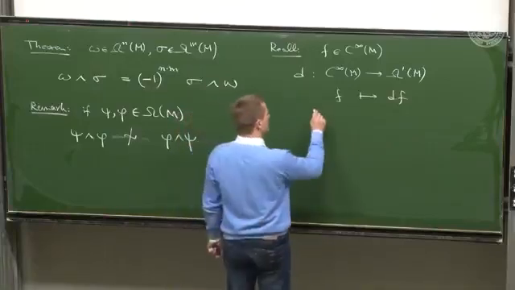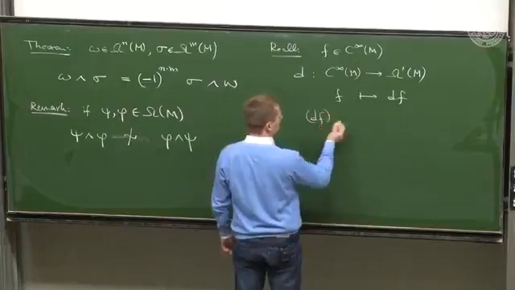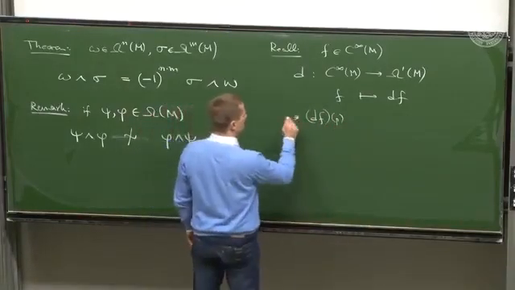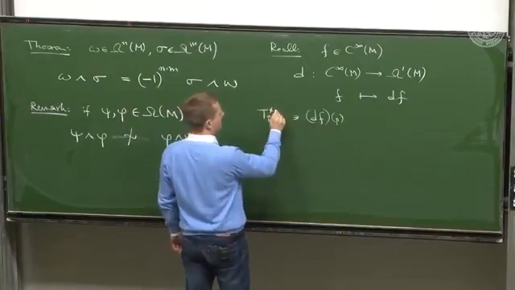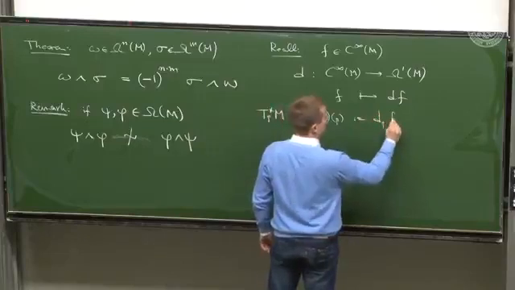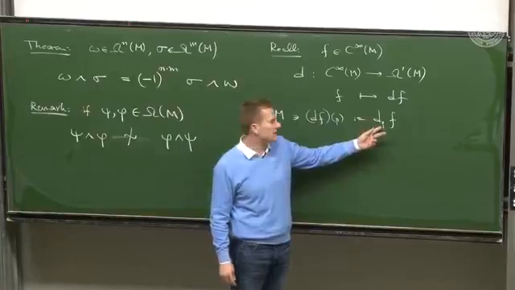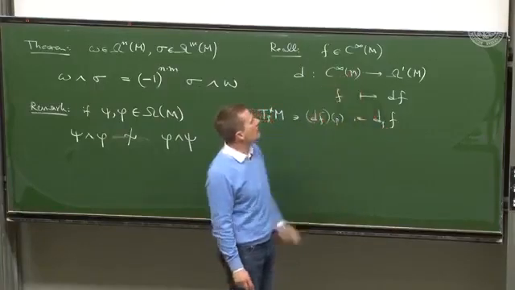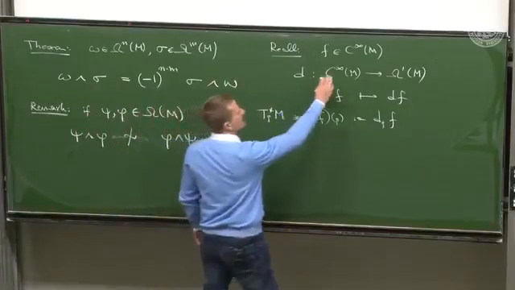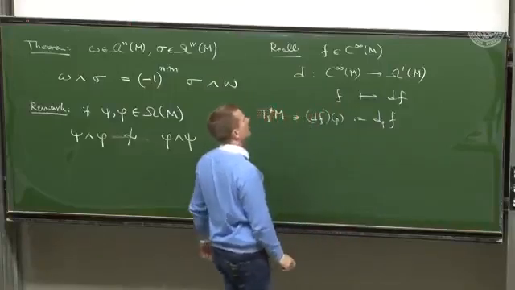Well, why is that? Because I can define this 1 form at a point. Well, if it's a 1 form, then at the point it makes it an element of the cotangent space, right? And I can define this by what I wrote down before as d sub p f, and this guy was defined, right? D sub p we defined. Now we do this at every point, and of course we get this extension of the d sub p to a d that takes a function to a covector field, okay?